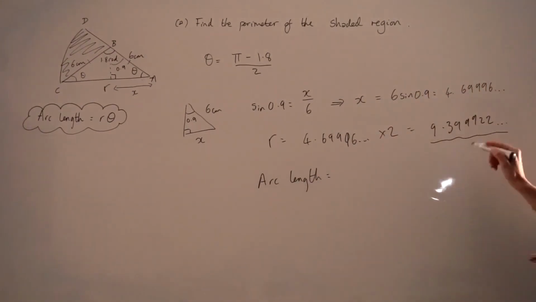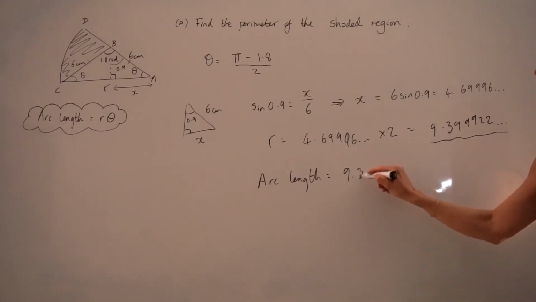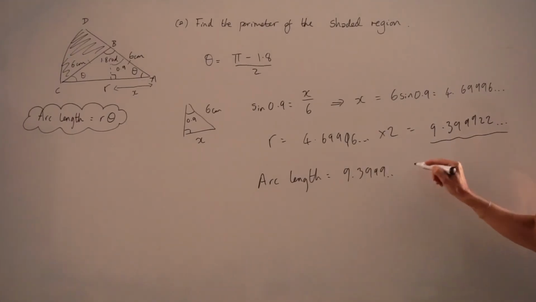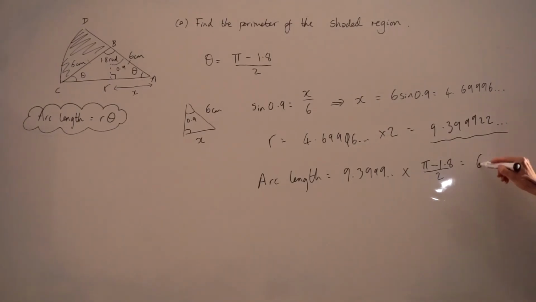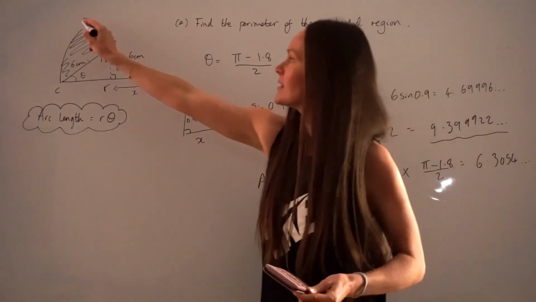The radius is here, 9.3999 and so on, times by the angle theta, which was at the top here, pi take away 1.8 divided by 2. Okay, so when we do that, we should find that it comes to 6.3054 and so on. Okay, so this is the arc length. So we have the arc length, this one here, CD.